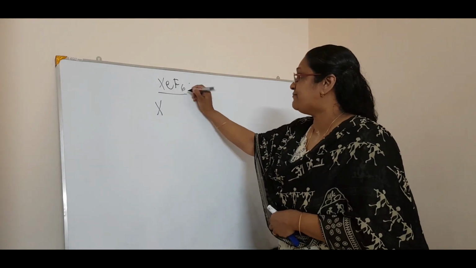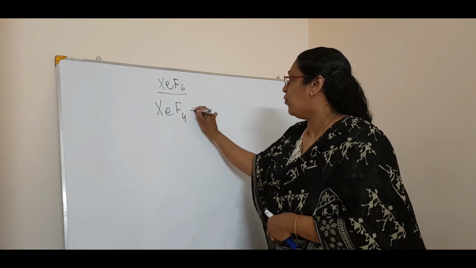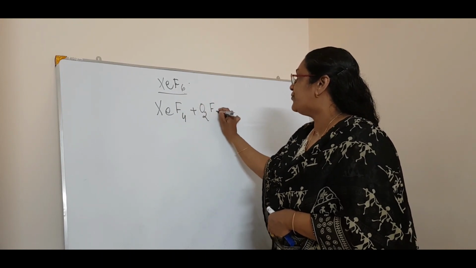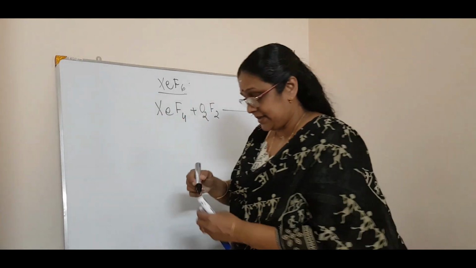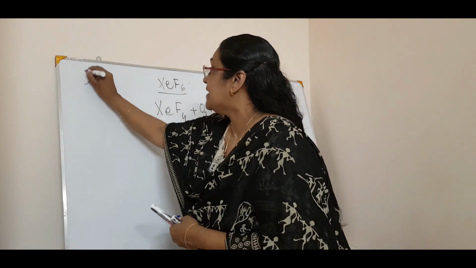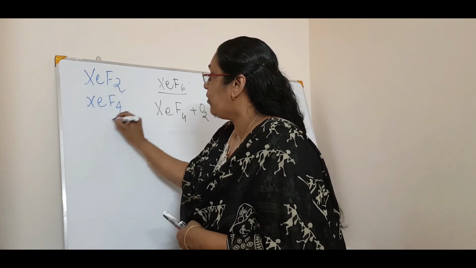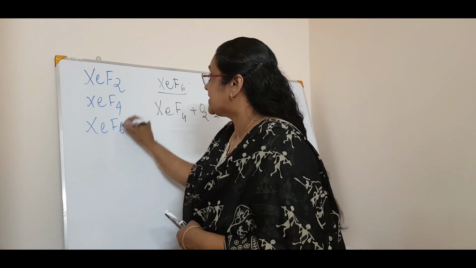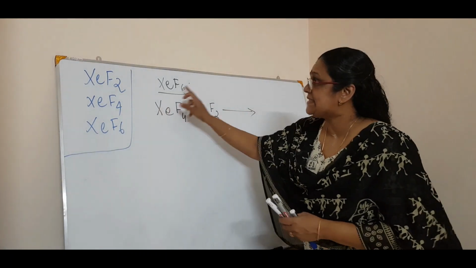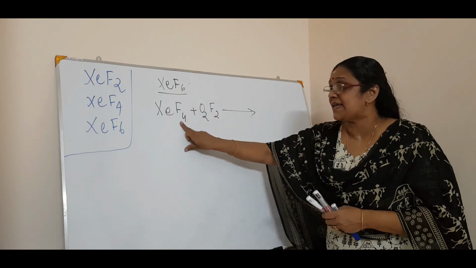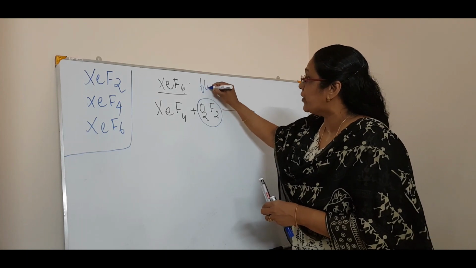XeF6 can be made by treating XeF4 plus O2F2. This is one reaction you have to study. I will write the 3 fluorides: XeF2, then XeF4 and XeF6. These are the 3 fluorides. Now, if you want to prepare XeF6, you can have it from XeF4. And you know this O2F2 is also a fluorinating agent.